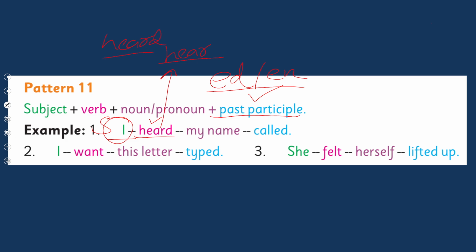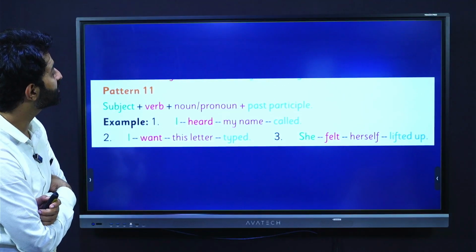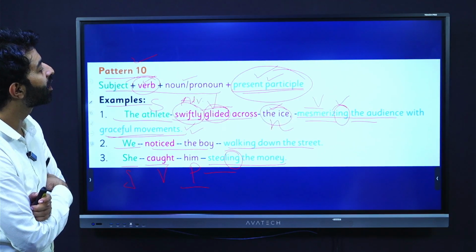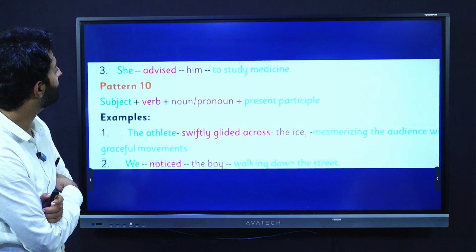We just added D. Let's say ED, EN or simple E. My name is a noun. Called, what is that? Past participle. Yes. And past participle always works with the past form. And what did present participle work with? With the first form, the base form.